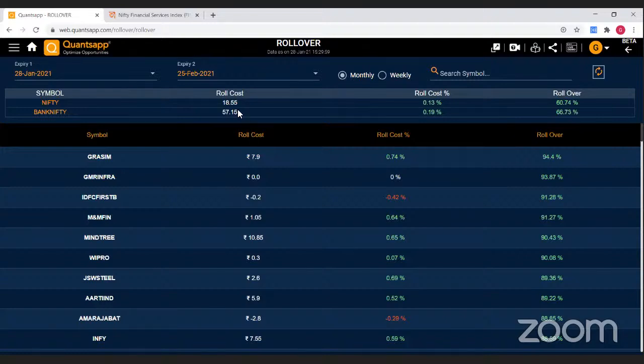So I'll tell you how I see the rollover. If you ask me what this rollover is, what its significance is, and why I need to look into it, let's take it by an example.